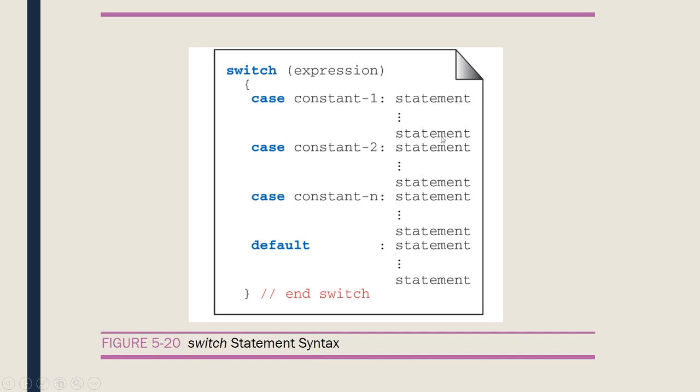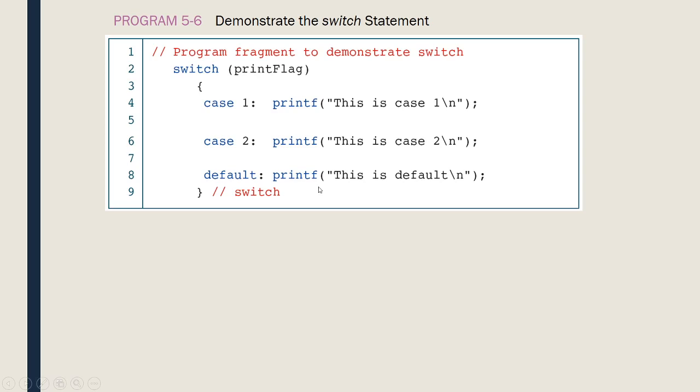For example, also the default statement is needed for the switch statement. Under the default statement are the statements that will be executed if the value of the expression is not found in any of the selections or in any of the cases. So this program demonstrates the switch statement.